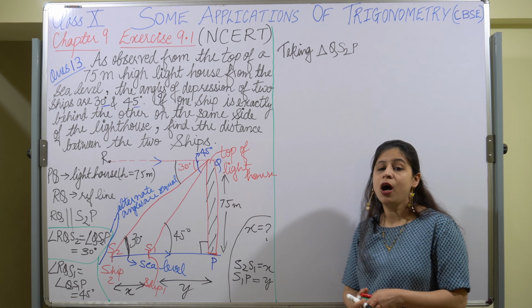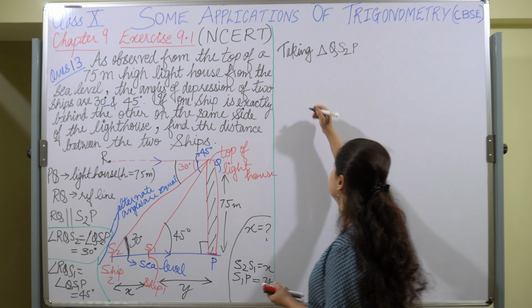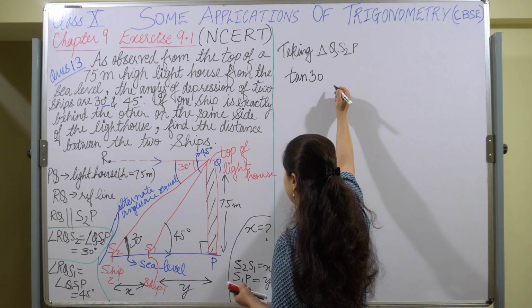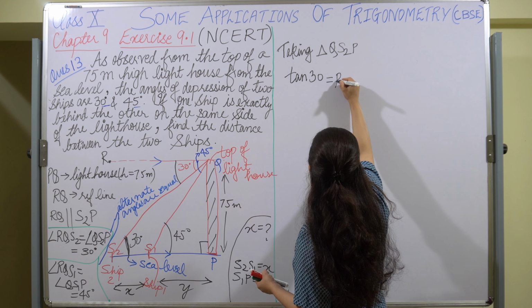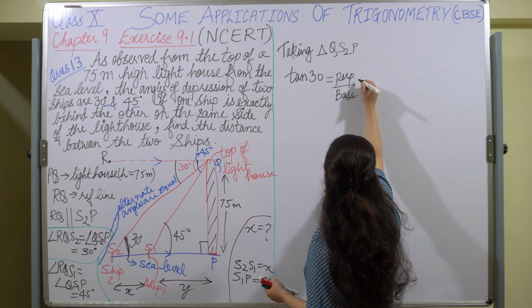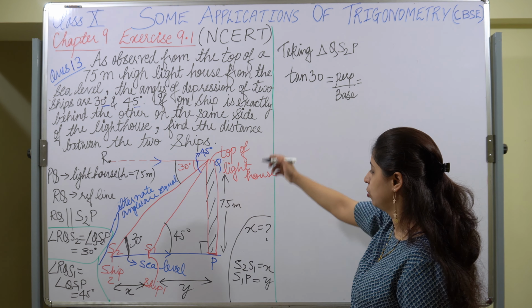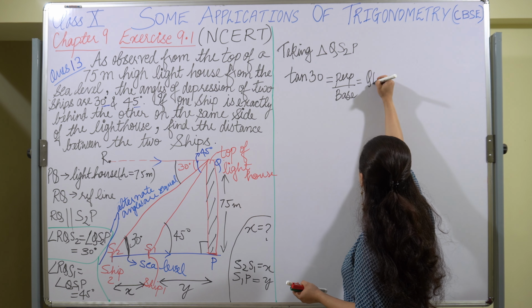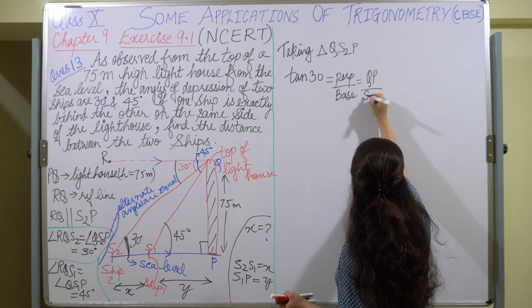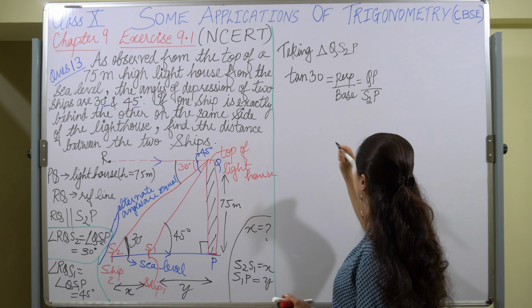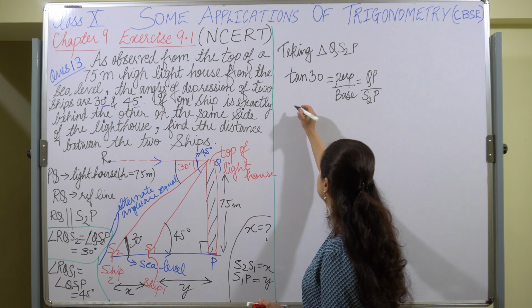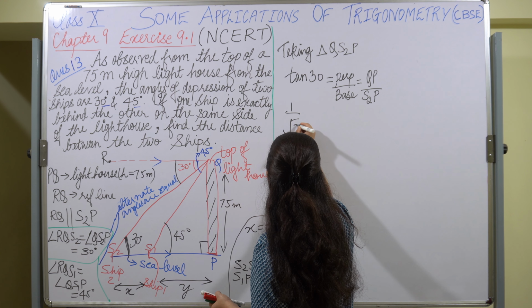So tan 30 will be equal to perpendicular upon base, which is QP upon S2P. The value of tan 30 is 1 upon root 3.